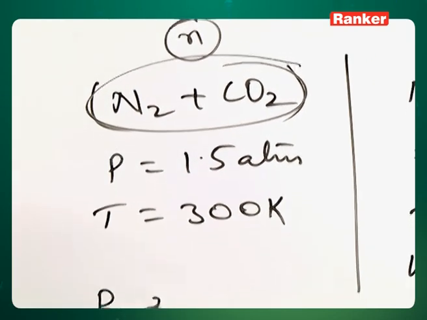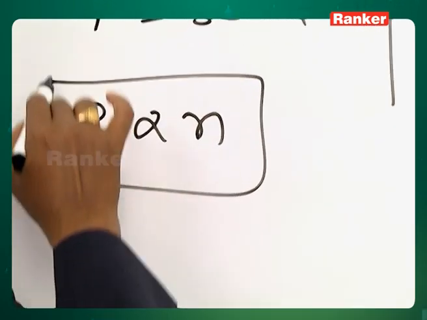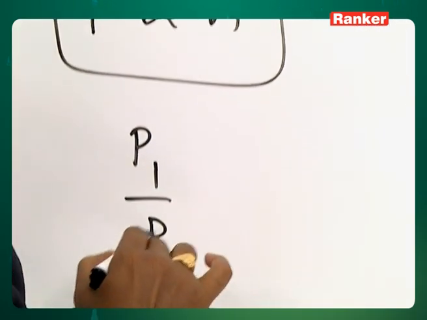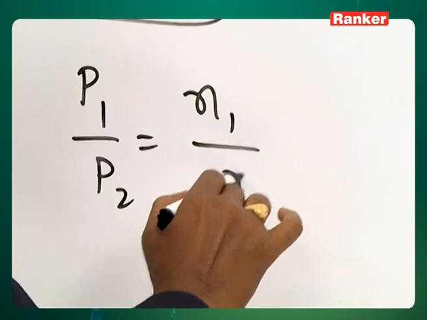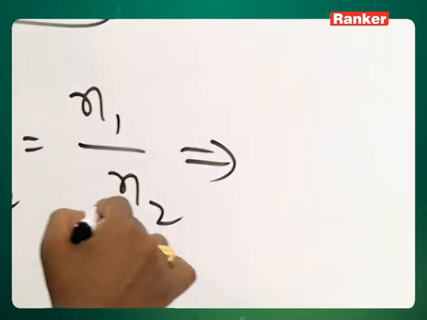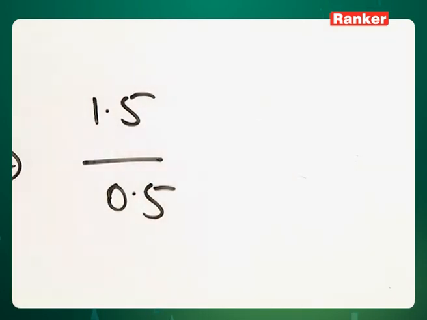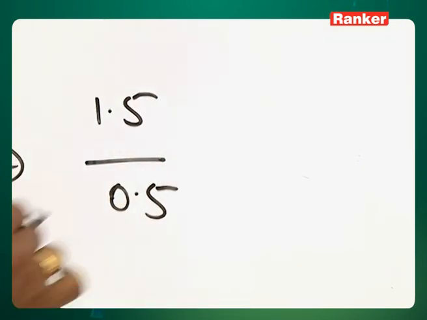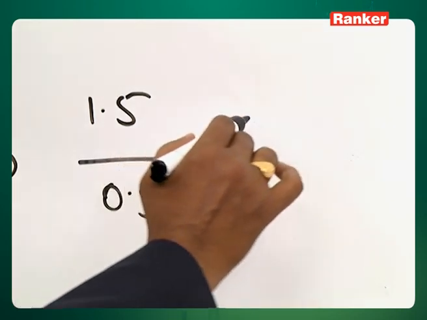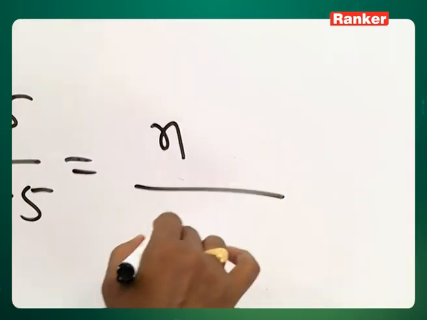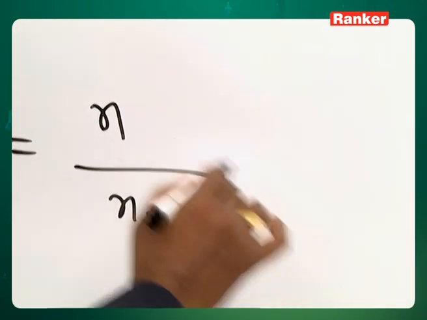So, P is proportional to N, therefore P1 by P2 is equal to N1 by N2. Pressure initially is 1.5 and finally it is 0.5, that is after carbon dioxide is removed. Initially you have N number of moles, now it is N minus 0.5.